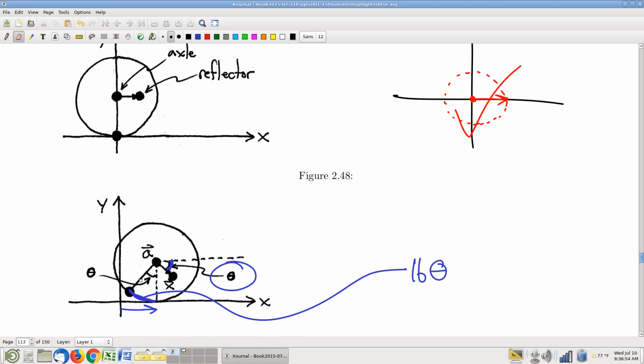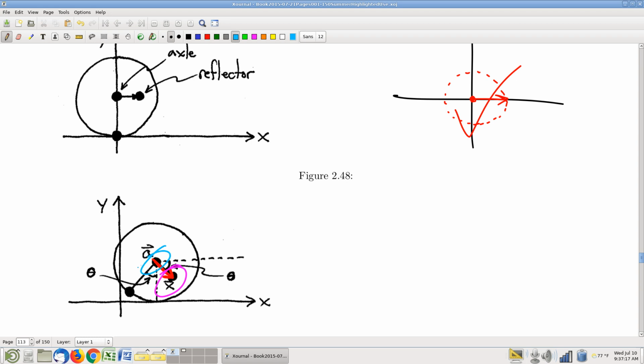Okay, all right, so next part of the question. I am now going to be interested in this red vector here. Ultimately what I'm interested in is the position vector of the reflector. I'm interested in x ultimately, but the axle at A is something I already understand.